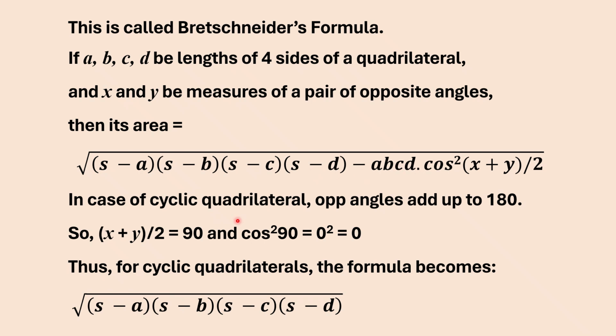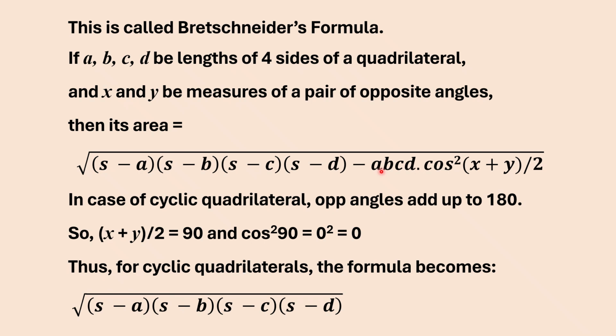In case of a cyclic quadrilateral, opposite angles add up to 180. So X plus Y would be 180, X plus Y by 2 would be 90, and cos square 90 would be 0. So this part would become 0.